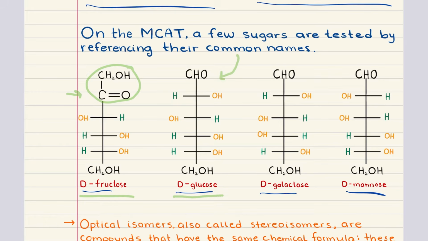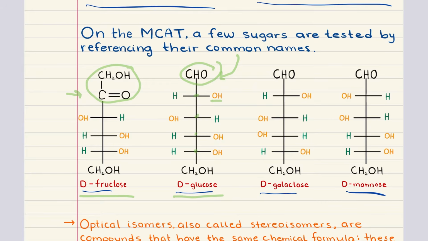You should commit this structure to memory. Now here, we have 6 carbons, and there is an aldehyde functional group as the most oxidized group present, so D-glucose is an aldohexose. The location of the hydroxyl groups on carbons 2, 3, 4, and 5 are really important to remember.